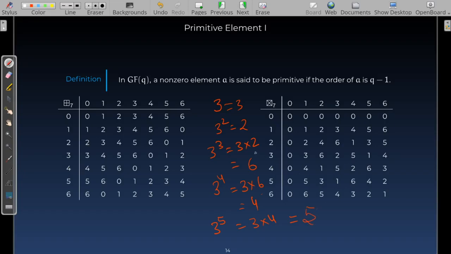From the table you see that 3 is here and 4 is here, and their multiplication is 5. And 3 to the power 6 is 3 times 5, which is 1. So none of these powers is equal to 1 except q minus 1, that is 6. So 3 is a primitive element of this set. There may be more than one primitive element; generally there are more than one primitive element in a finite field.